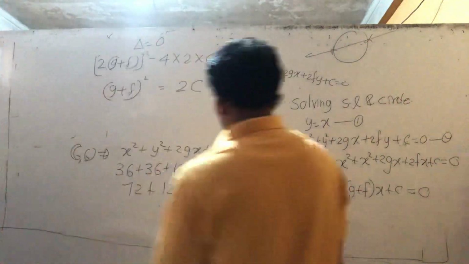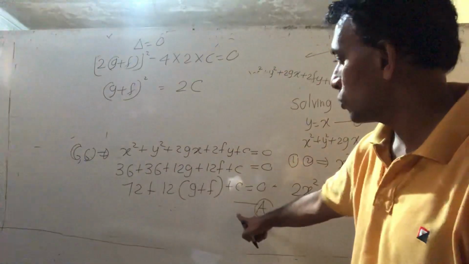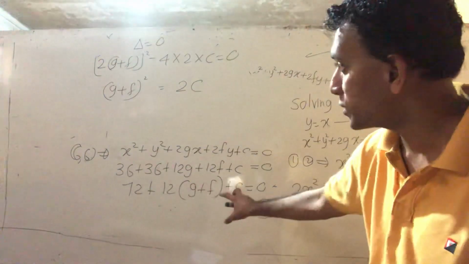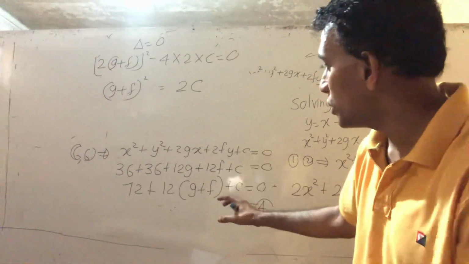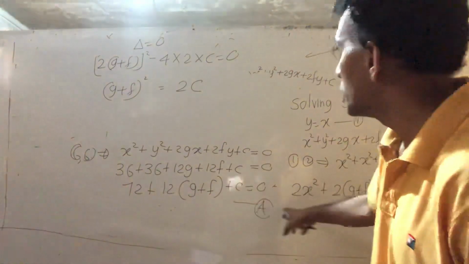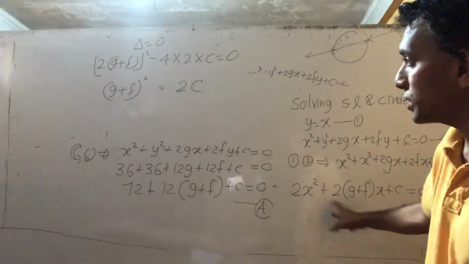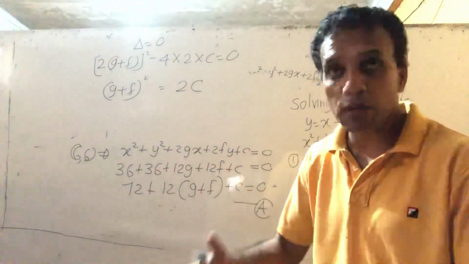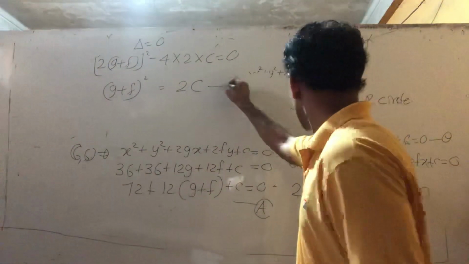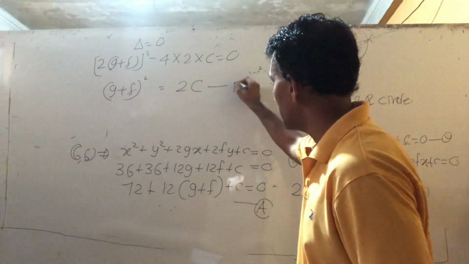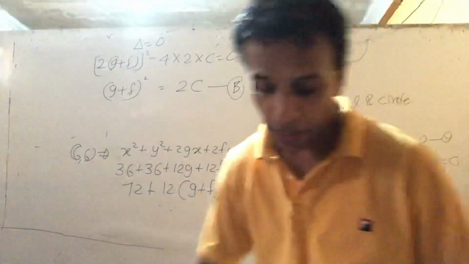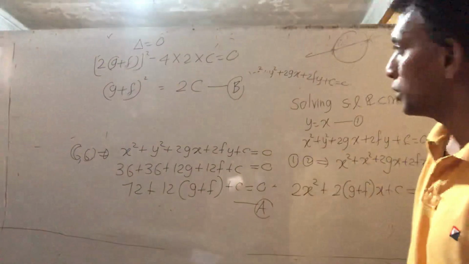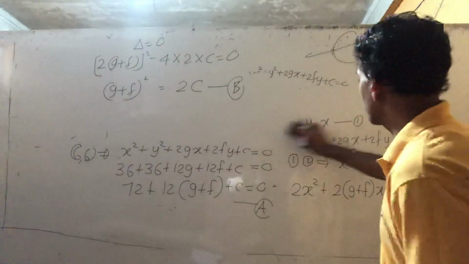Here you have the equation, you have the answer in terms of g plus f. So try to remove the g plus f here. Put the g plus f answer here and solve both. I call this equation b. Solve that pair of equations and try to find the answer.